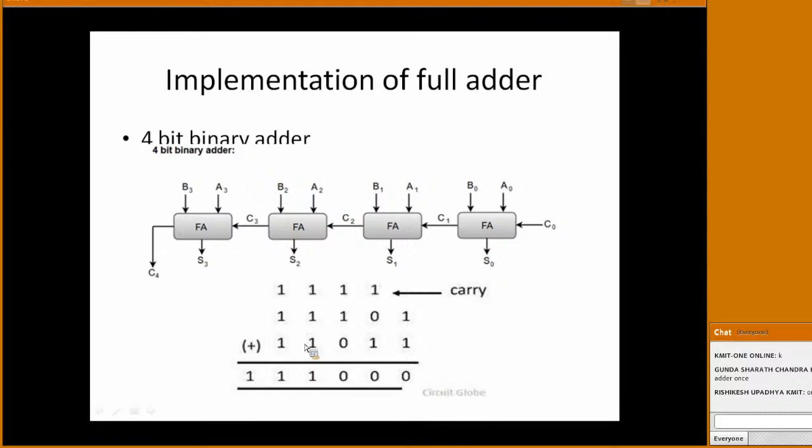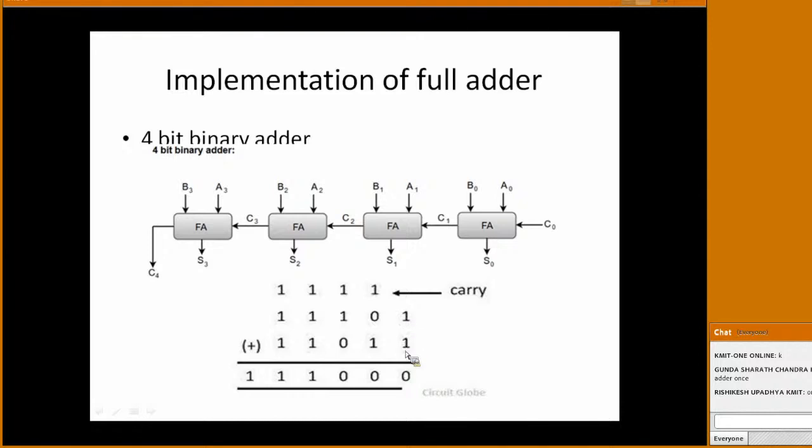Consider this as one register's data and this as another register's data. I want to perform addition of these two registers' data. So the full adder is responsible for performing addition of 2 bits.